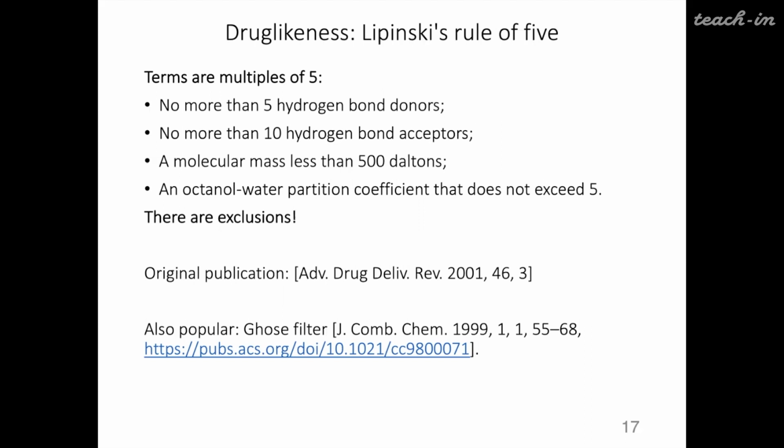It should not be too lipophobic. The molecule shouldn't be very large, let's say. So the molecular weight should be less than 500 daltons, and the octanol-water partition coefficient should not exceed 5.